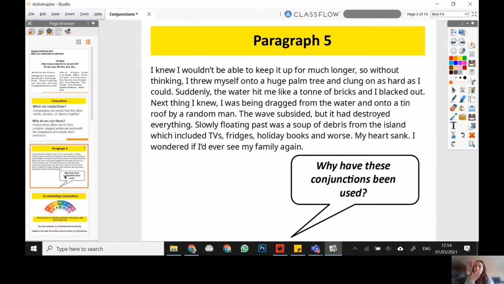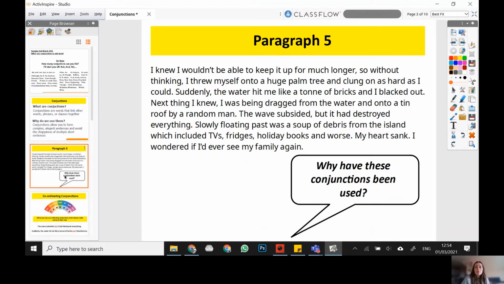So let's have a look at paragraph number 5 from our model text this week. I'm going to read it out to you. How many conjunctions can you spot? Here we go. I knew I wouldn't be able to keep it up for much longer. So, without thinking, I threw myself onto a huge palm tree and clung on as hard as I could. Suddenly, the water hit me like a ton of bricks and I blacked out.